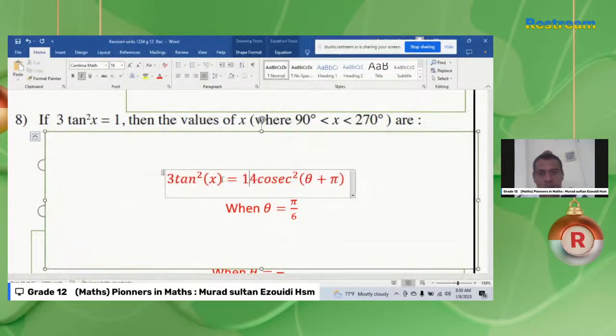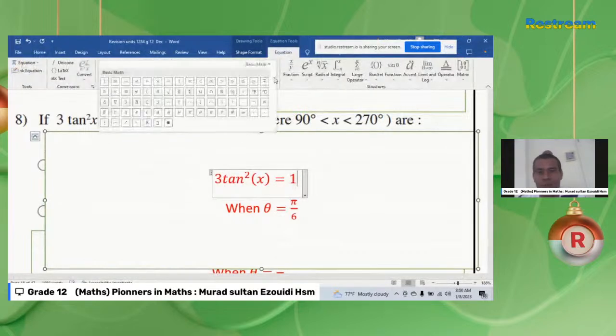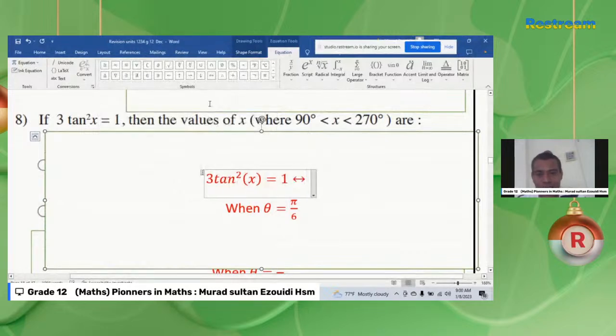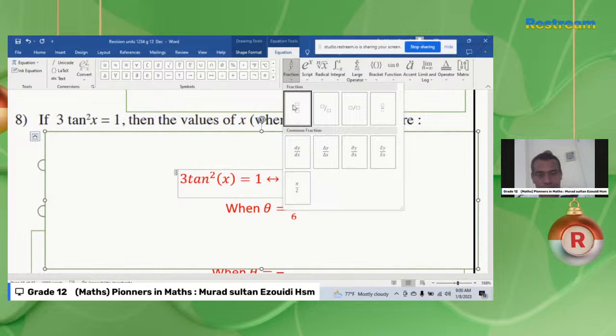Now, learners, try to divide both sides by 3. It will give you tangent squared of x equals 1 divided by 3.